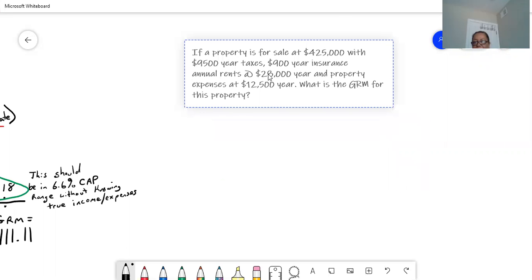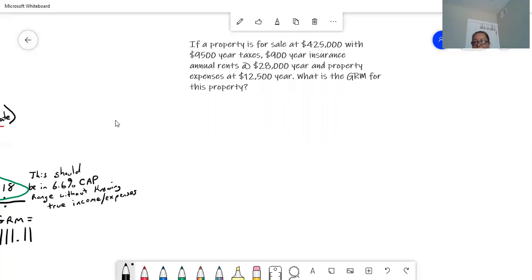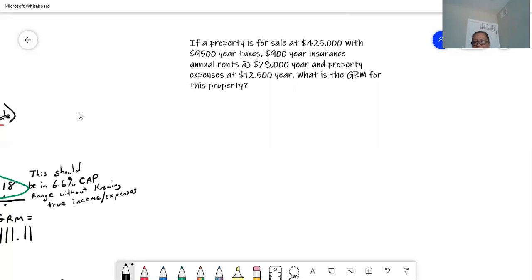So there's your problem right there. Let's figure this out. We have our T formula. The property value goes on the top, since when figuring out the GRM, you need to know the large number.